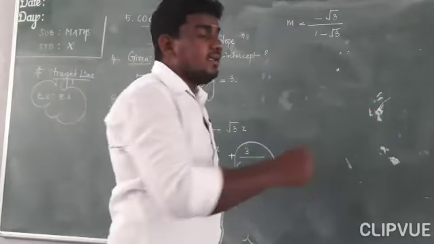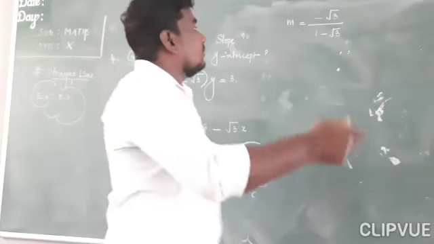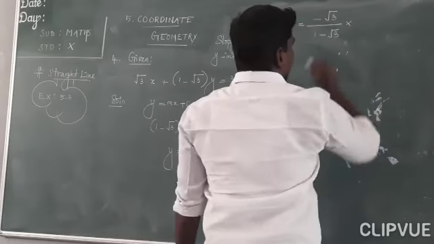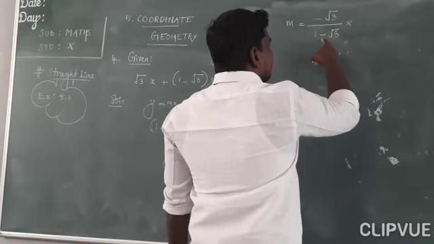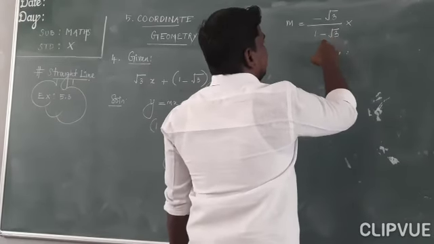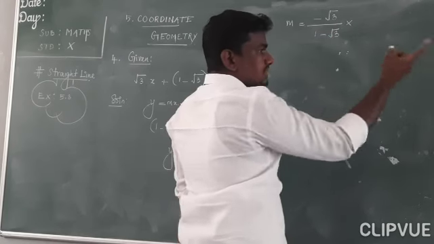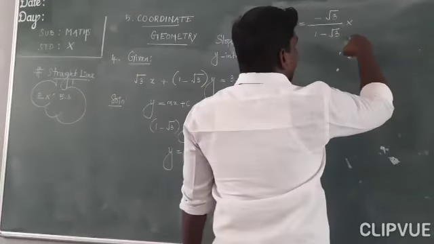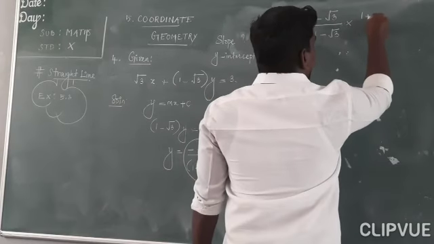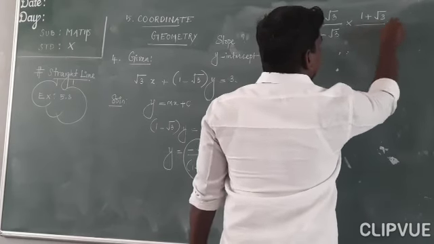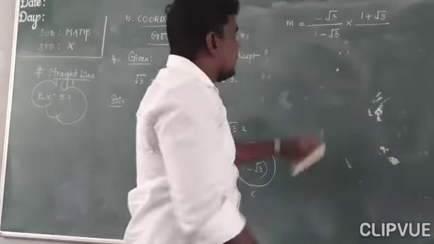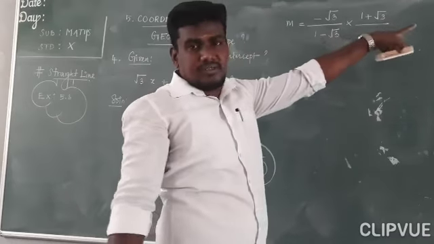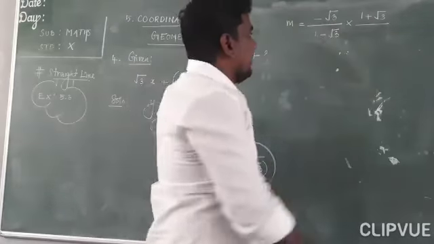So for avoiding an irrational number in the denominator, we take the conjugate. How to find it? We just change the sign, minus to plus. If minus, then plus; if plus, then minus. Then multiply and divide. The denominator is 1 minus root 3; if you change the sign, it becomes 1 plus root 3. Multiply and divide.